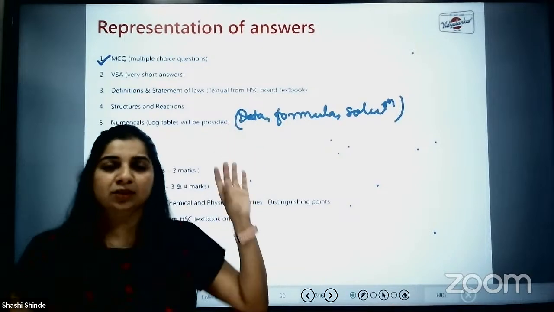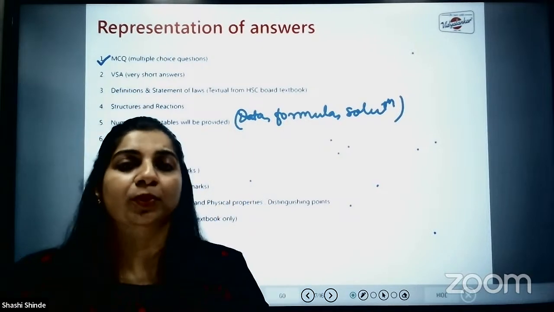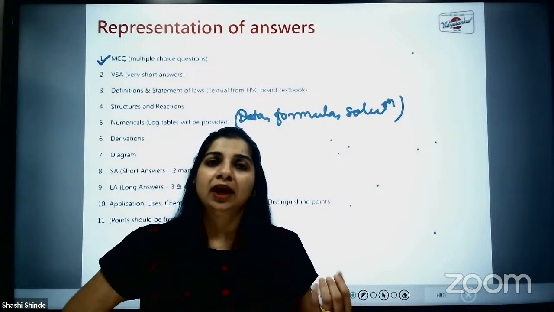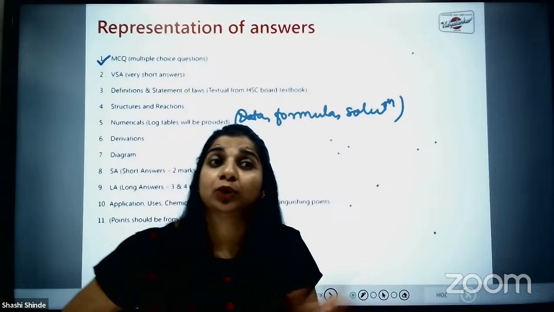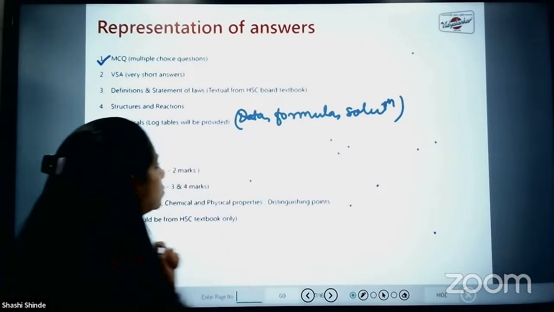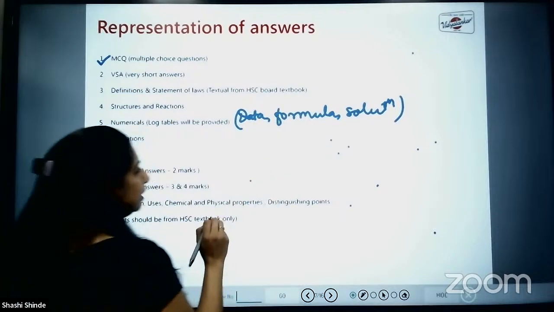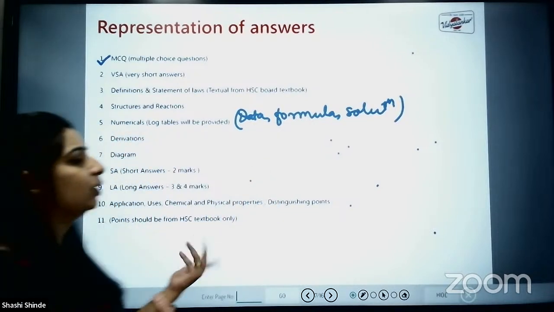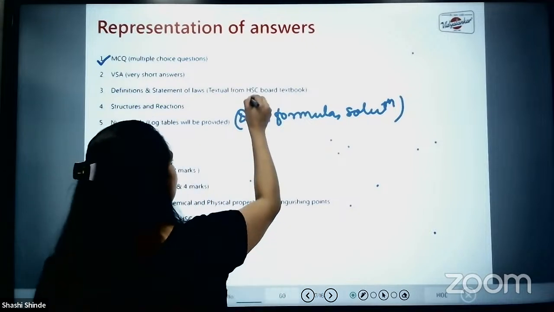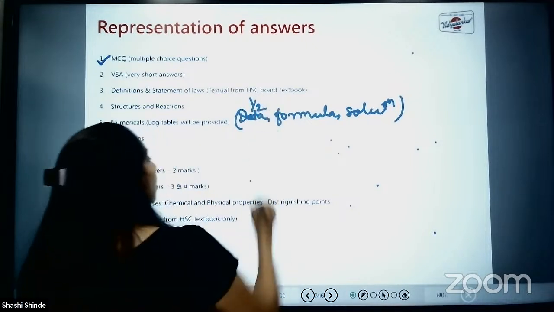If, suppose, your amount of substance is provided to you, and you want to calculate the number of moles, then if any small calculation is there to get the correct data, then data will carry half mark. So sometimes data may carry half mark, data always does not carry marks. Fine. So in some cases, data will carry some marks, say half mark.